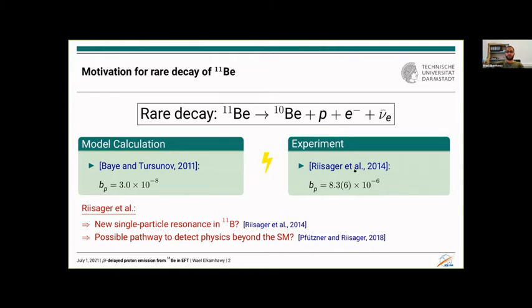However, Riesager and company were able to measure the branching ratio in 2014 and measured a value of 8.3 times 10 to the minus 6. So we have a huge discrepancy between the cluster model calculation and the experiment from 2014, a discrepancy of more than 2 orders of magnitude. This led Riesager and company to suggest that there is maybe a new single particle resonance in boron-11, and Pfützner and Riesager also suggested that this is maybe a possible pathway to detect physics beyond the standard model.